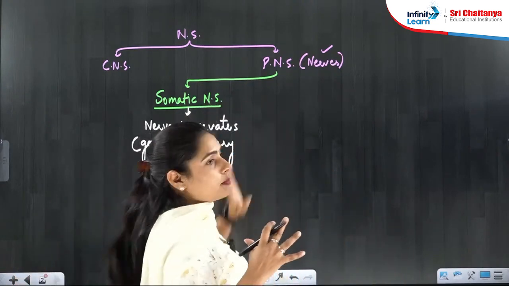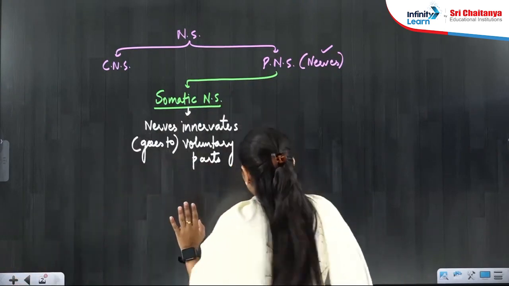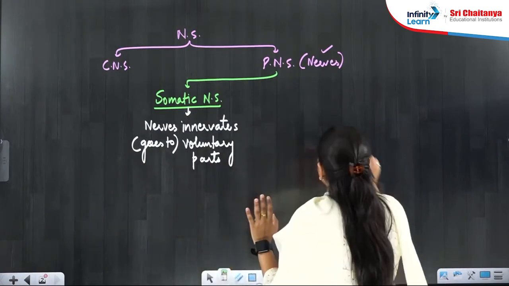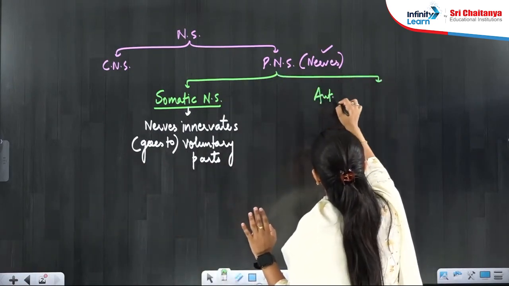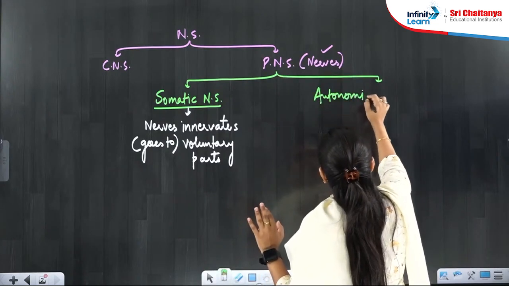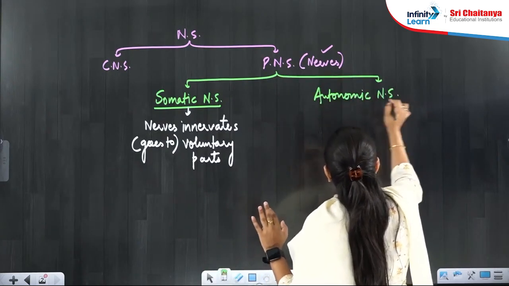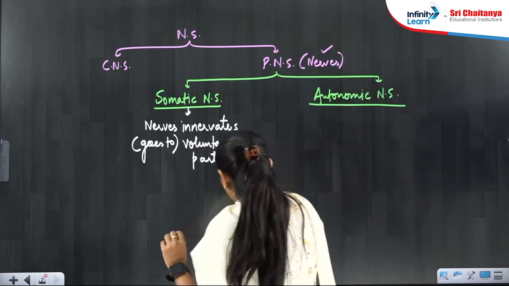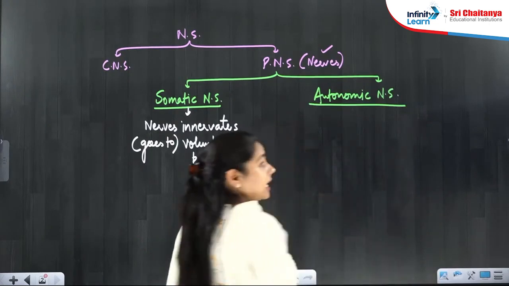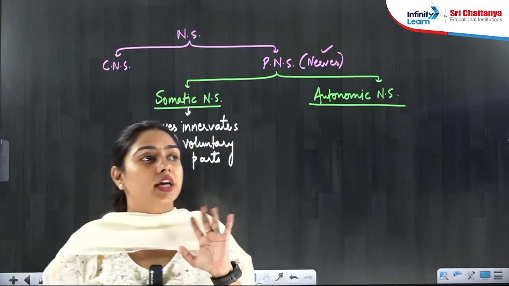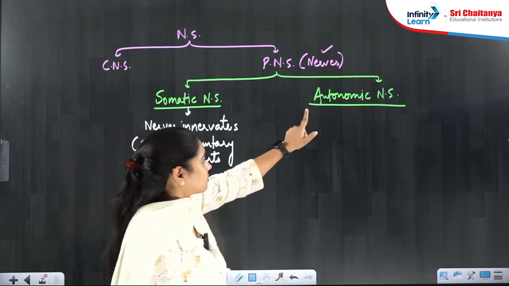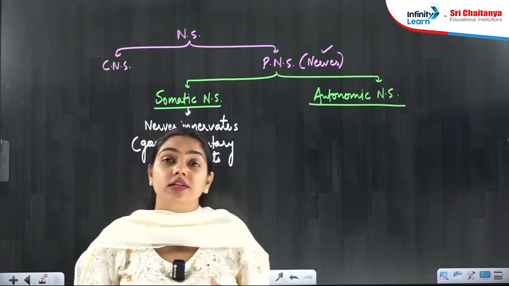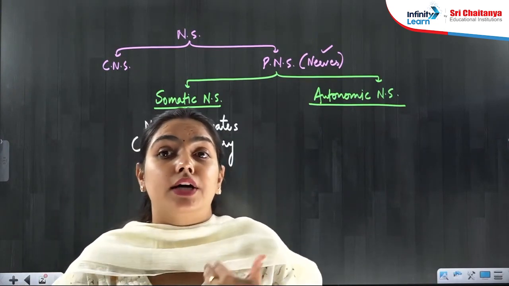Then the another part is autonomic nervous system, beta. Autonomic nervous system: involuntary parts, not in your control. There are so many organs which are not in our control, like our internal organs.